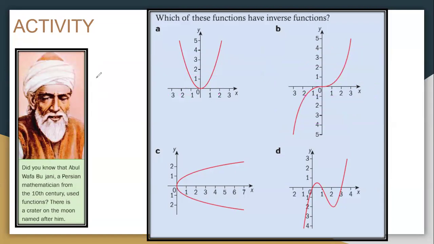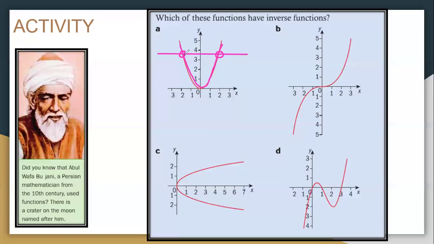What I'm saying is, when you are testing whether something has an inverse, you just draw a horizontal line like this. Now, the red curve you are seeing is what you call a function here. If you find out that the horizontal line you have drawn is cutting at more than one point, then it means that curve has no inverse.